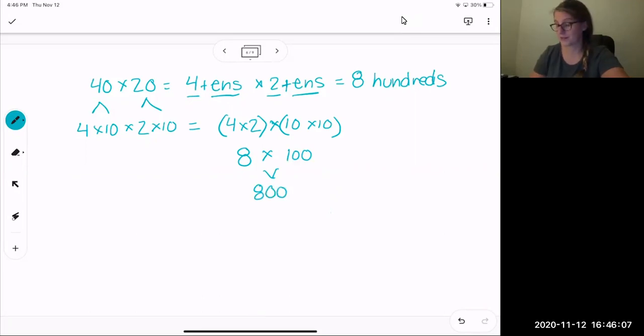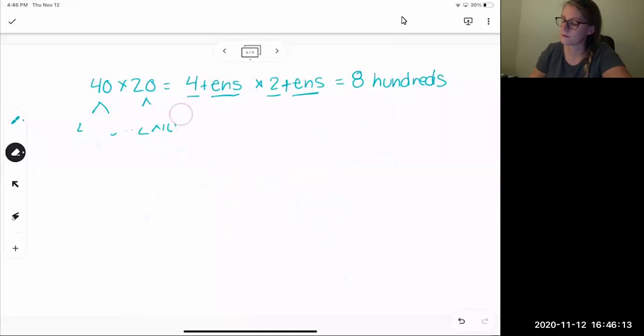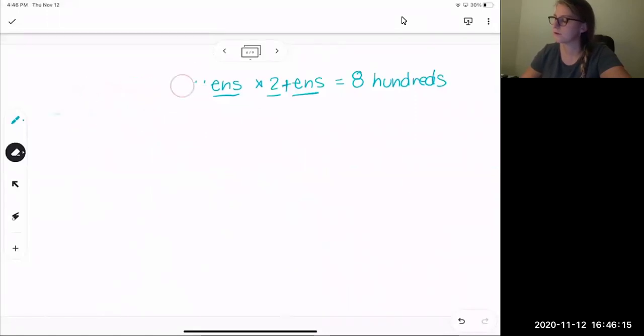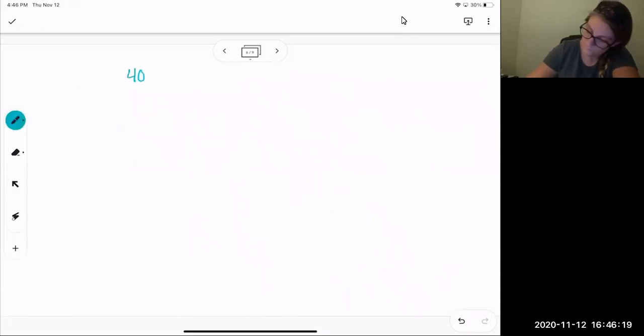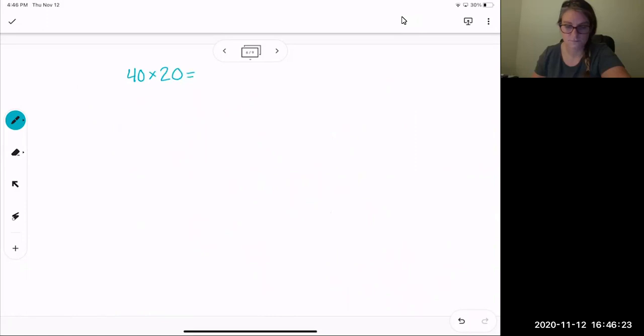Another way we can look at this problem is by using the area model. Okay, so we know when we're looking at area, we're usually talking about shapes, right?